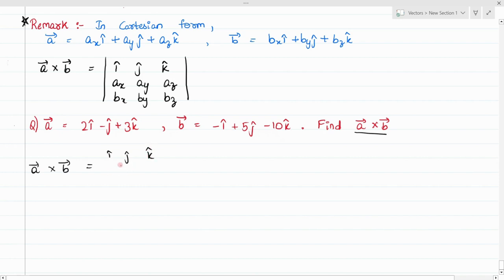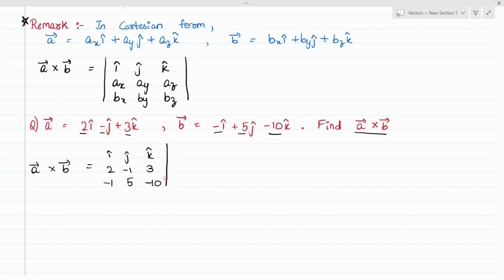This will be common. And next the A coordinates, that is 2, -1, and 3. Next B coordinates, that is -1, 5, -10. Now we need to take the determinant of this whole thing.